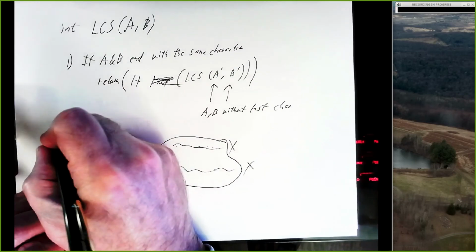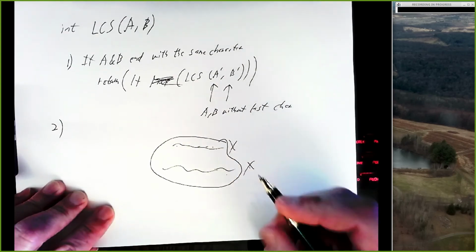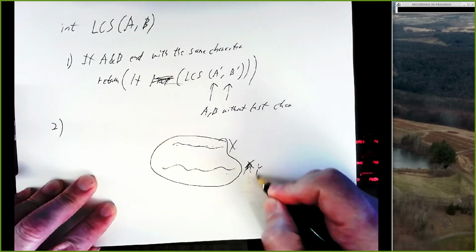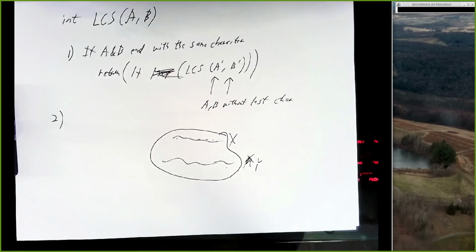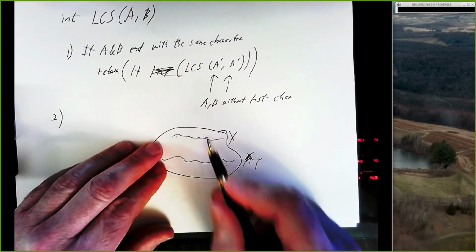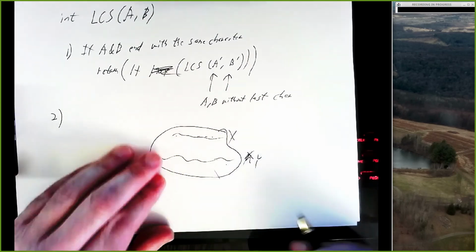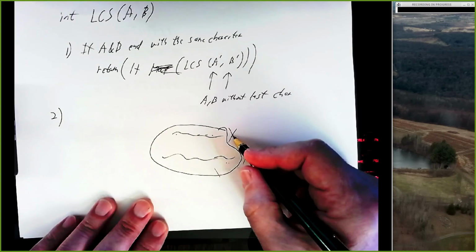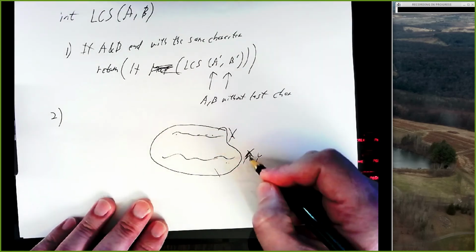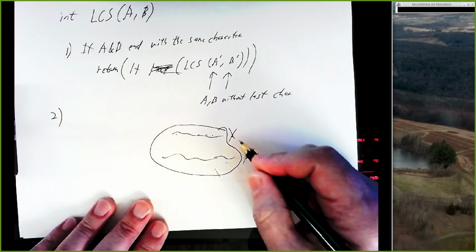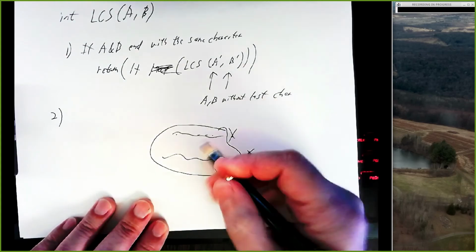All right. The second possibility is A and B do not end with the same character. So this ends with an X and this ends with a Y. Well, now we know that whatever the longest common substring between these two strings is, it's not going to be the case that both of these common substrings end with the last character of these strings, because X and Y are different.